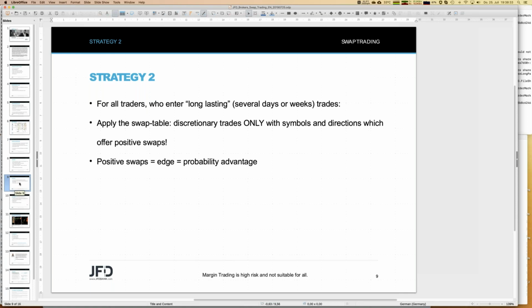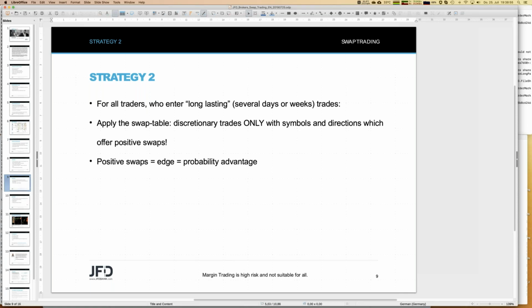We still have lots of symbols which have profitable swaps, and just investigating those charts for the right direction within those symbols, there are still enough trades, rather than losing money just by paying swaps.